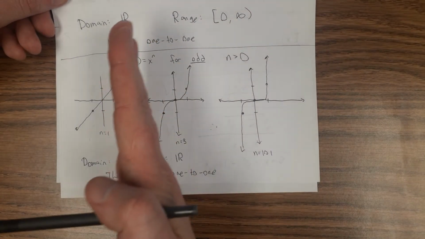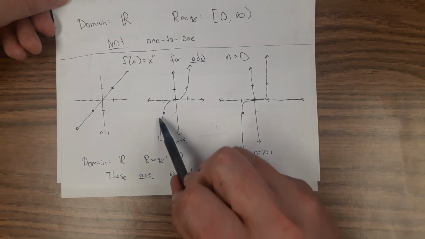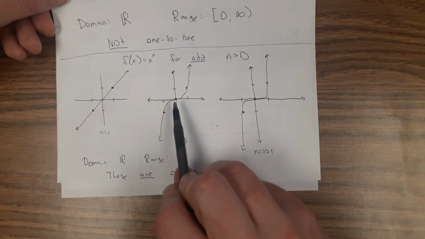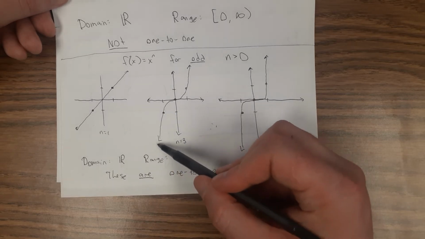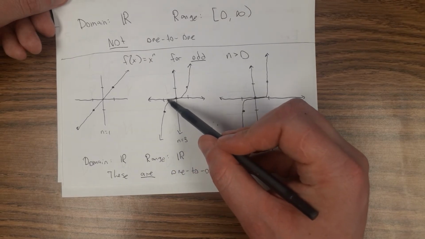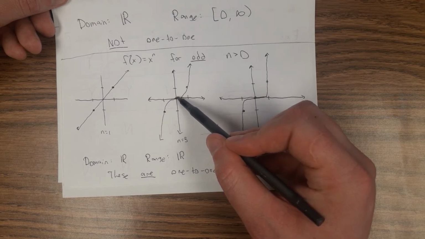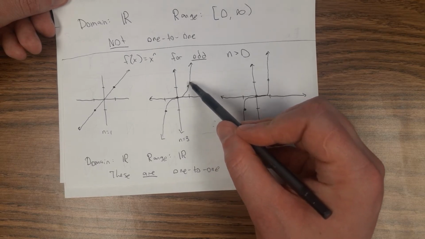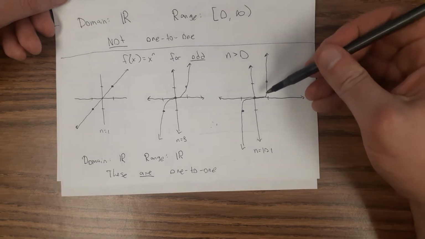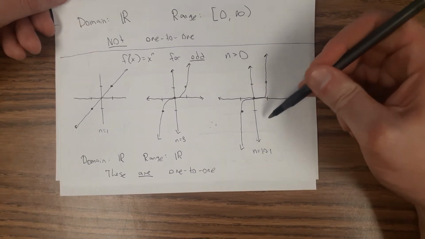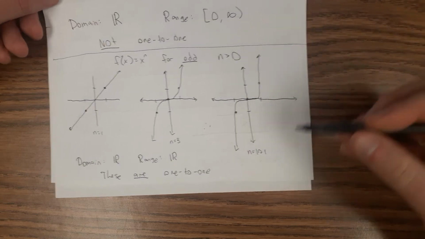As I move from left to right, I'm always going up, up, up. But it does get a bit flat around here. So it's going up steeply, and then around here it's going up a lot less steeply, and then it starts going up steeply again. And that effect is just exaggerated the larger n gets.